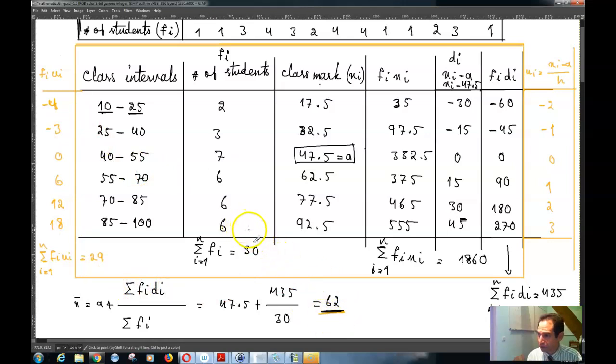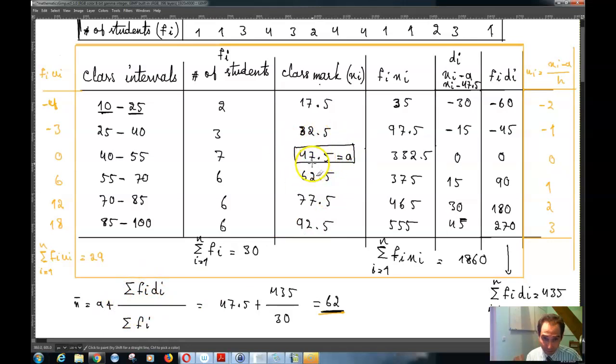The assumed mean method and the step deviation method are just simplified forms of the direct method, of course, right? The assumed mean method was developed by taking some number over here as the assumed mean a, and then using that we developed a formula to calculate the mean of all of these numbers.